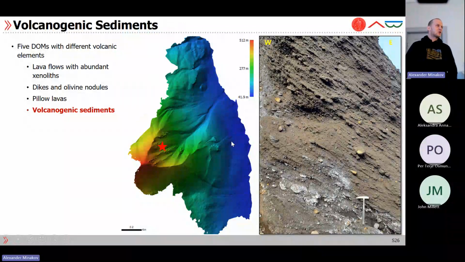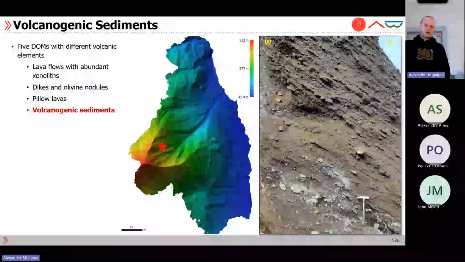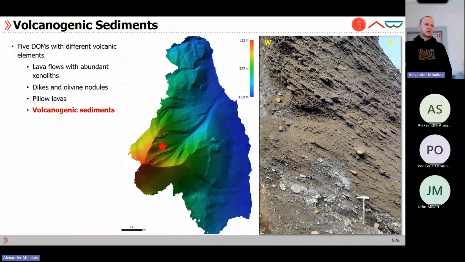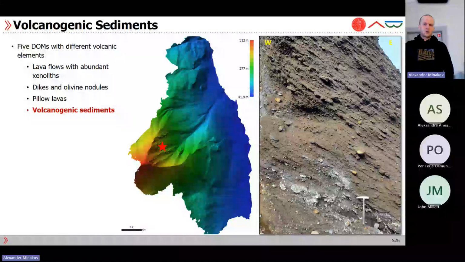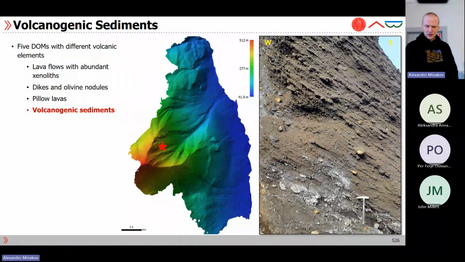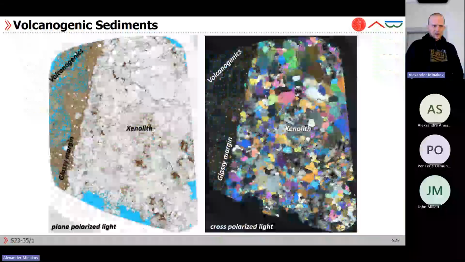So maybe it's related to hyaloclastite progradation or something like that. We also have an outcrop model of this particular locality, and I can measure beds and dips, get some statistics, and put it into the context of the magma emplacement environment here.